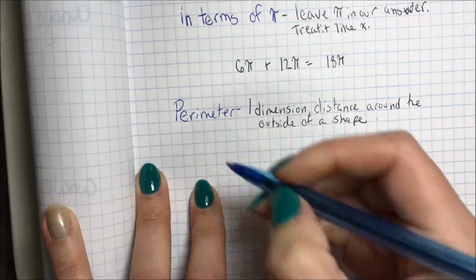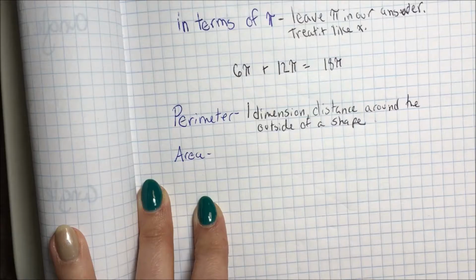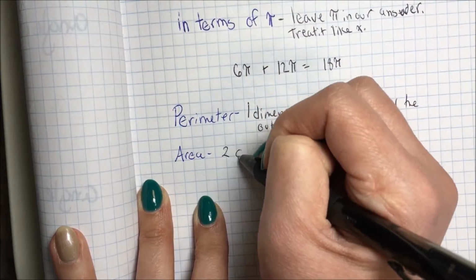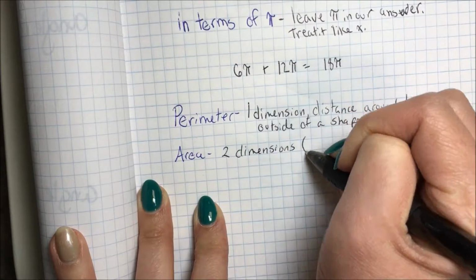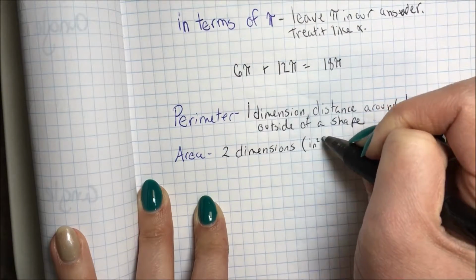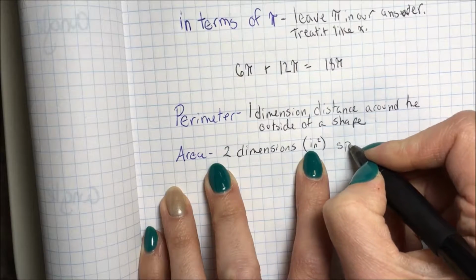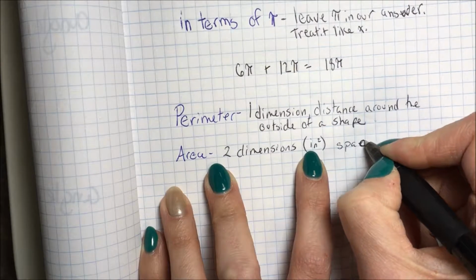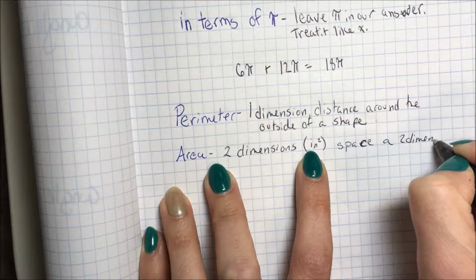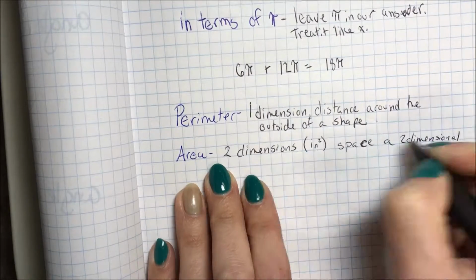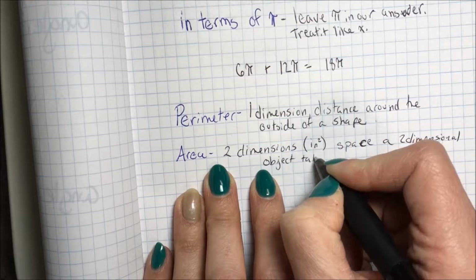Area is two dimensions. So when we talk about it, it's like inches squared, right? And it is the space a two-dimensional object takes up.